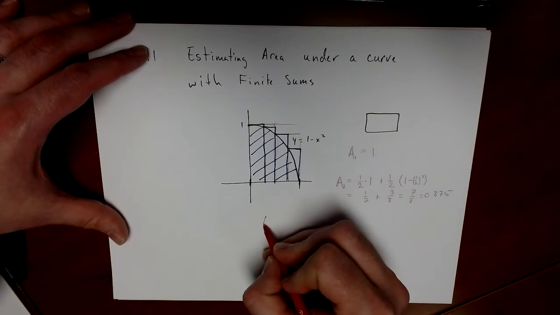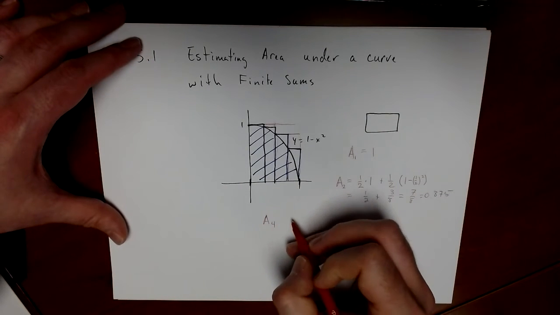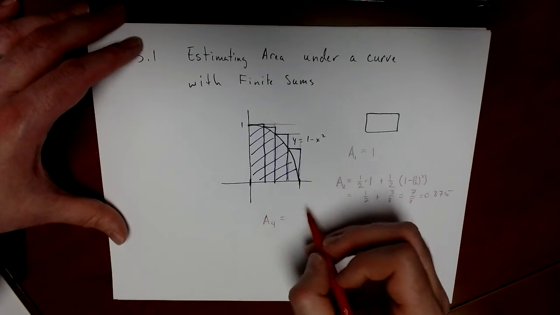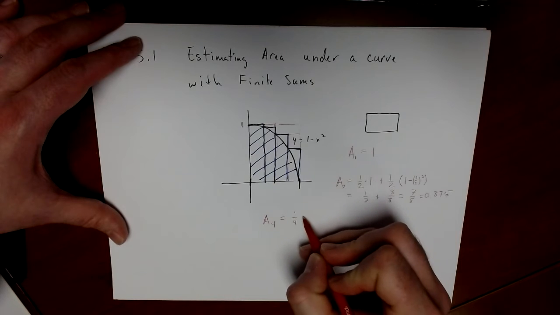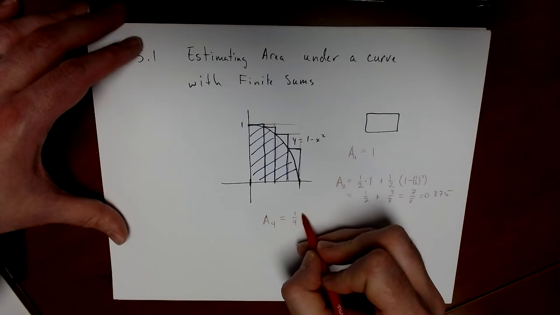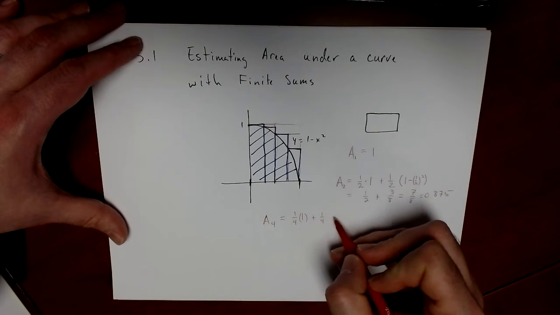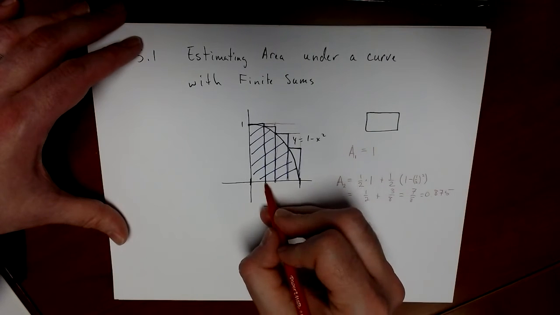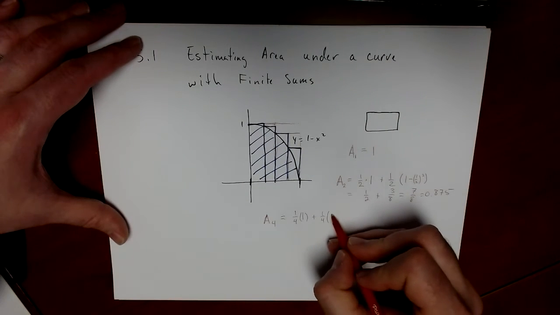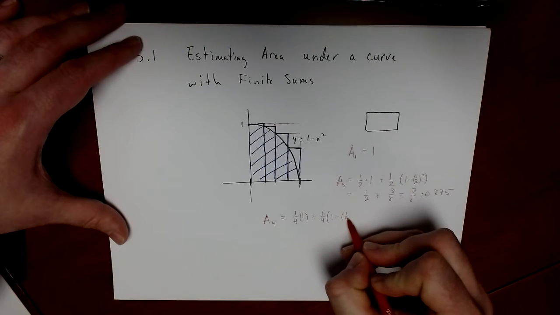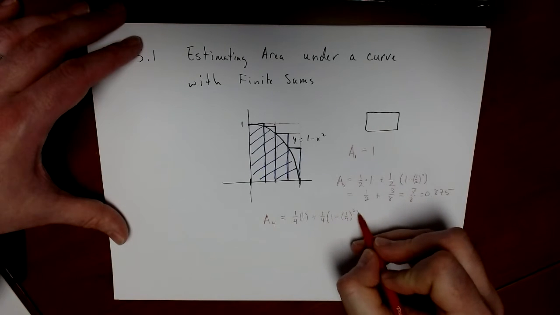So now we're doing our estimation with 4 rectangles. The first one will have a base of 1/4 and a height of 1. The second one will have a base of 1/4, and that is actually my x-coordinate there, so the height of this will be 1 minus 1/4 squared.